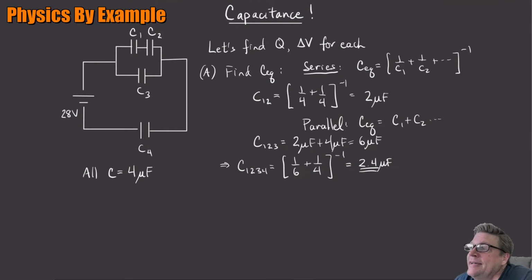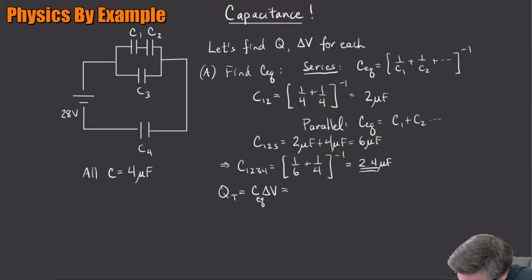All right. So now I can figure out how much charge is stored in the whole circuit. So the total charge stored, that's pretty easy. That's just going to be C times delta V, right? So that's just going to be C equivalent times delta V from the battery.